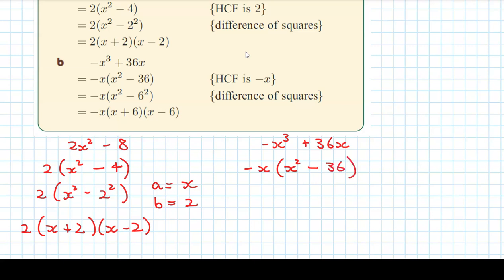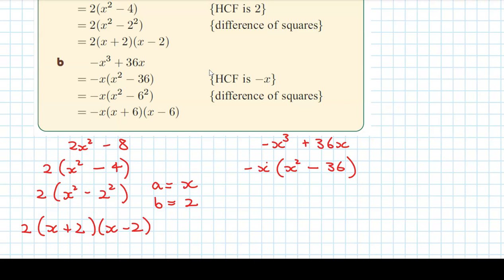So again, to check that, to expand that out, we would have minus x cubed, and we would have positive 36x. Now, the reason we extracted that minus x instead of the positive x, if we did the positive, then this sign in between these two terms would be a plus. Now, we obviously are working on the difference of 2 squares, so that's why that needs to be a minus in between there.